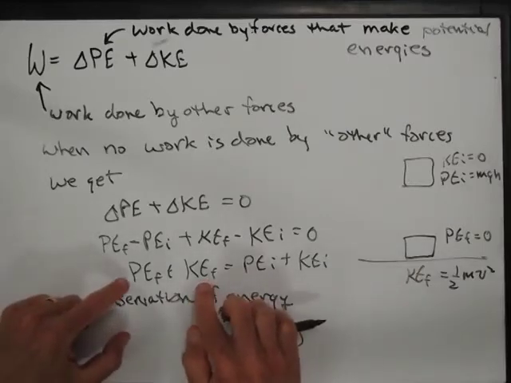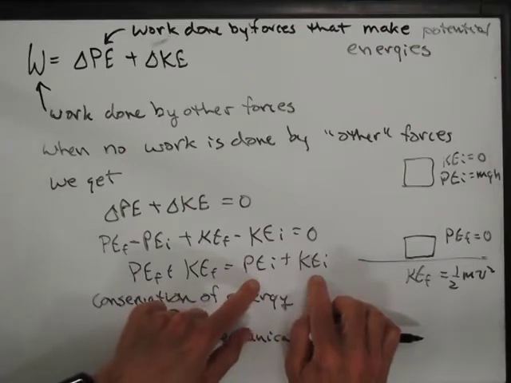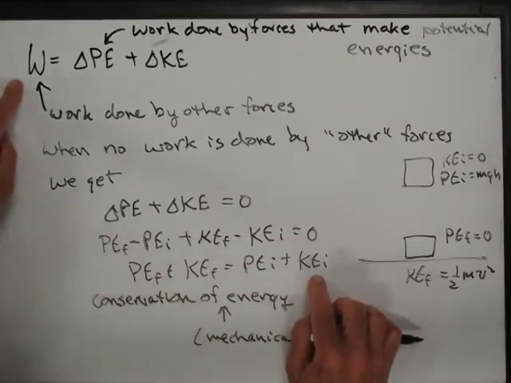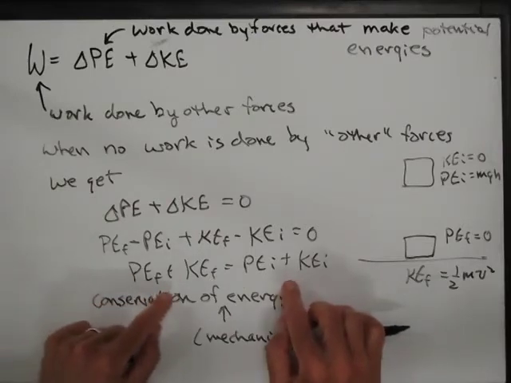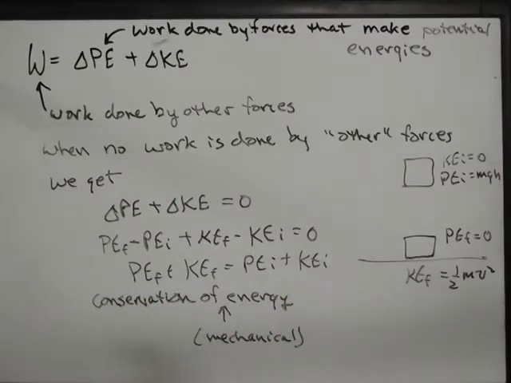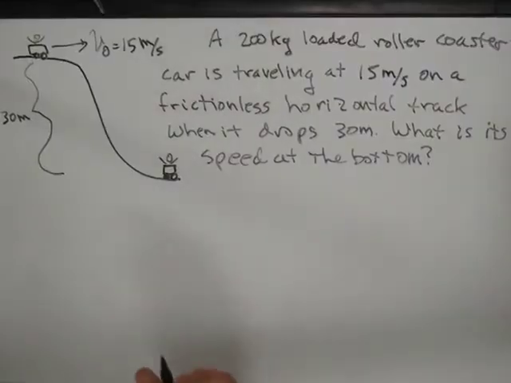The final kinetic plus potential equals the initial kinetic plus potential, because no other work is being done. In this case, when no other work is being done, I get a conservation of energy. And this is often used as the first law of thermodynamics. We'll do some more examples.